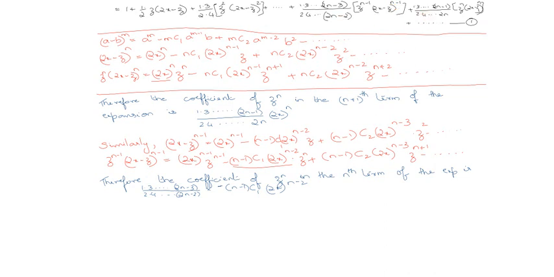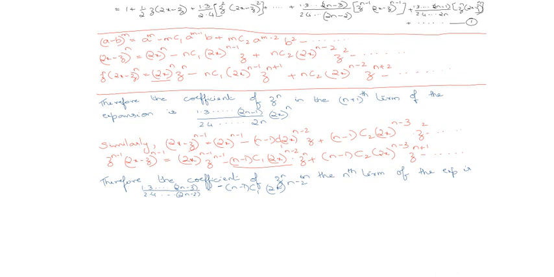For that we are using the relation (a minus b) the whole raised to m is equal to a raised to m minus mC1 a raised to m minus 1 b plus mC2 a raised to m minus 2 into b square minus etc. Alternate terms are negative and positive. So (2x minus z) raised to n is equal to (2x) raised to n minus nC1 (2x) raised to n minus 1 z plus nC2 (2x) raised to n minus 2 z square minus etc.